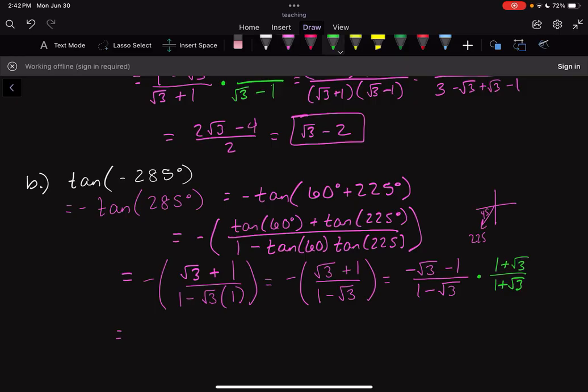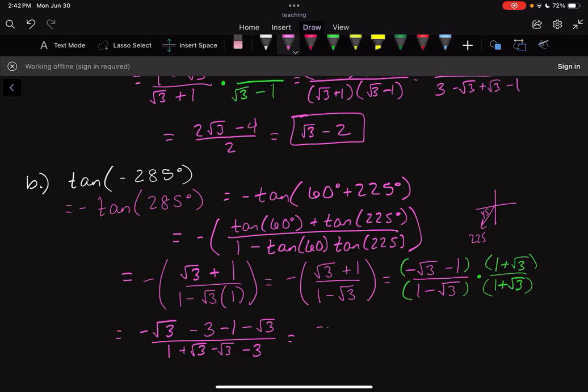I'm going to go ahead and multiply this out and FOIL it out just like I did for the last example. So this would be negative square root 3 minus 3 minus 1 minus root 3 divided by 1 plus root 3 minus root 3 minus 3.